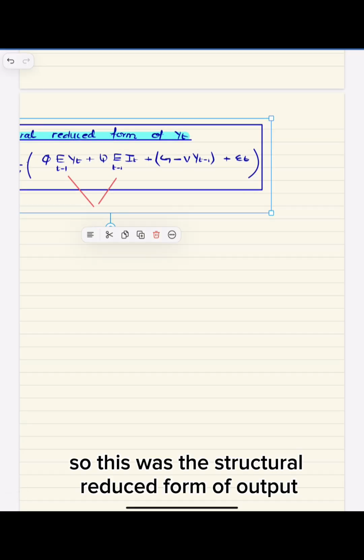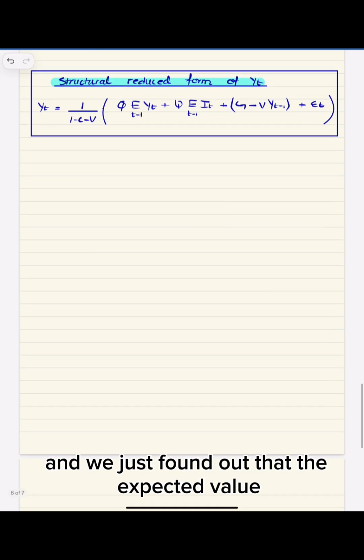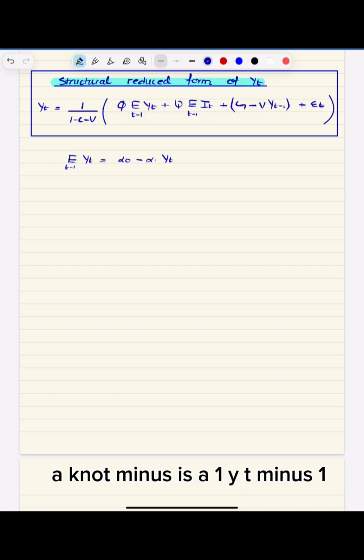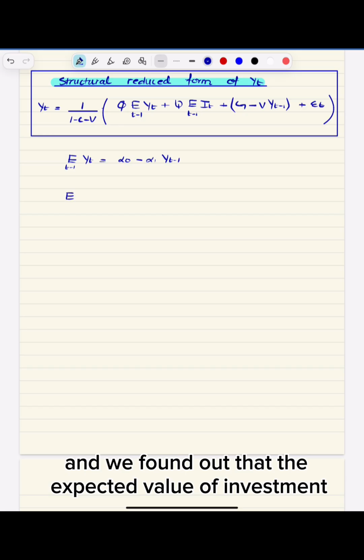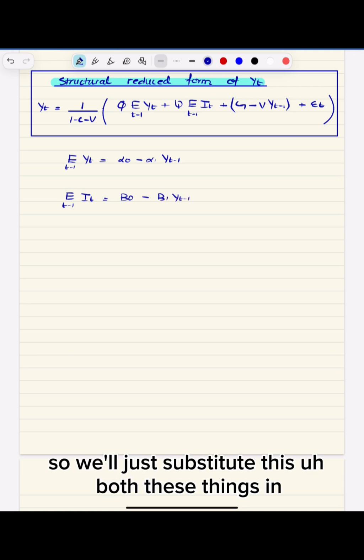So this was the structural reduced form of output, and we just found that the expected value of output is a naught minus a1 yt minus 1, and the expected value of investment is b naught minus b1 yt minus 1. So we'll just substitute both these things in.